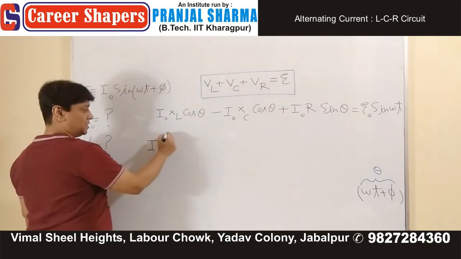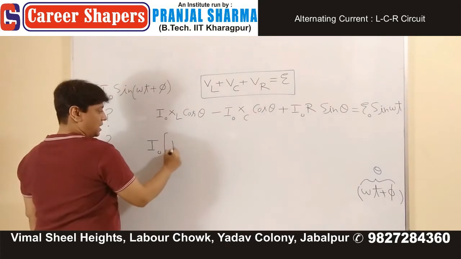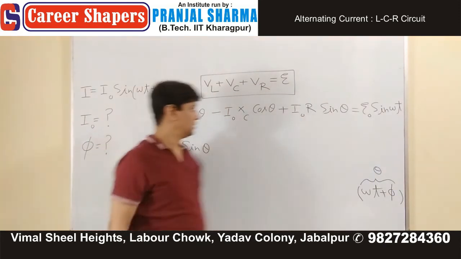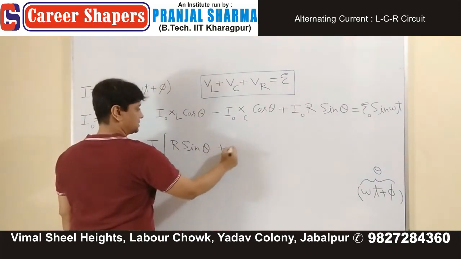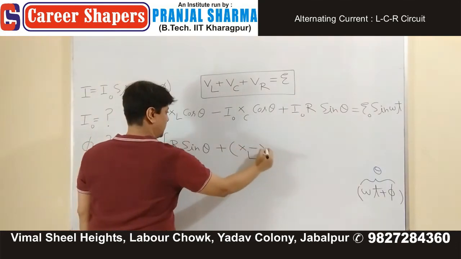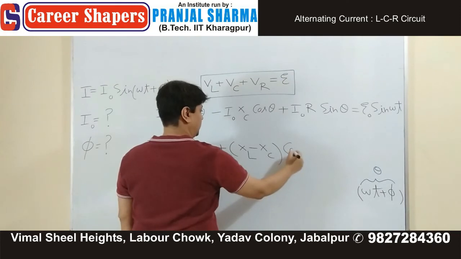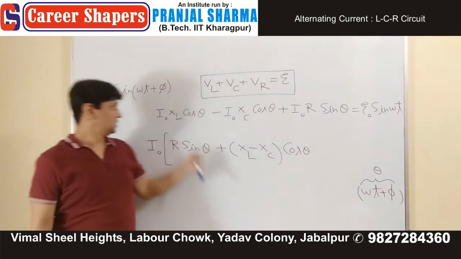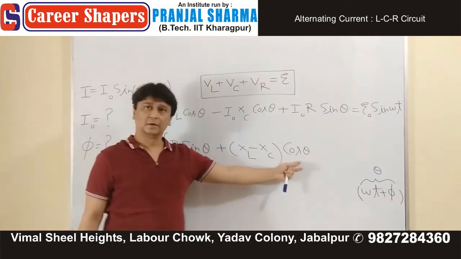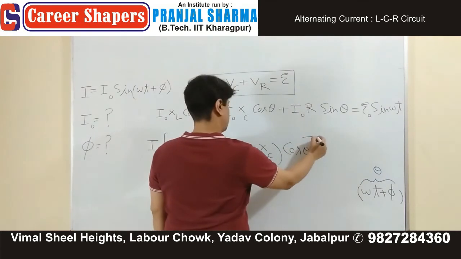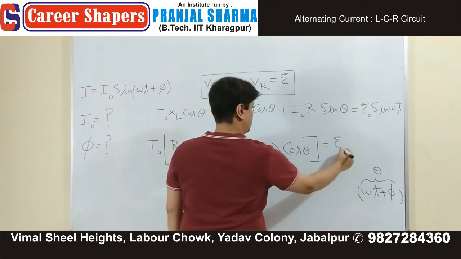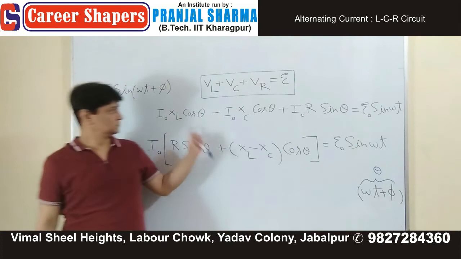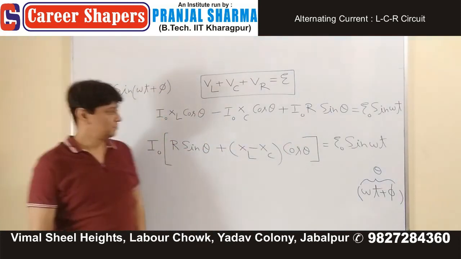Once I take I naught common, I've got R sine theta plus (XL minus XC) cos theta, which is equal to E naught sine omega t.